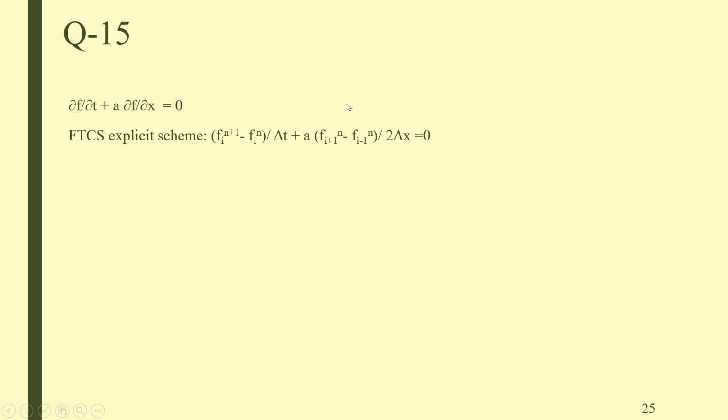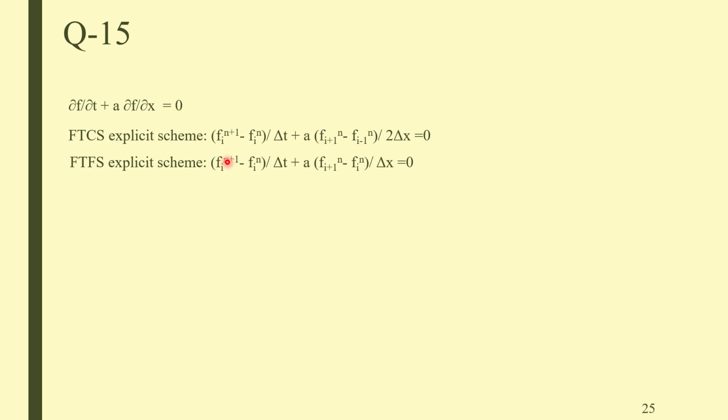It should be, okay, it is a central scheme, so it is 2 times delta x, and this is an explicit scheme. So if these terms go to the other side, A into delta t by 2 times delta x would remain, and so we can put a conditional stability, and the truncation error can be reduced to 0 as well, which we have seen in the previous slides also.